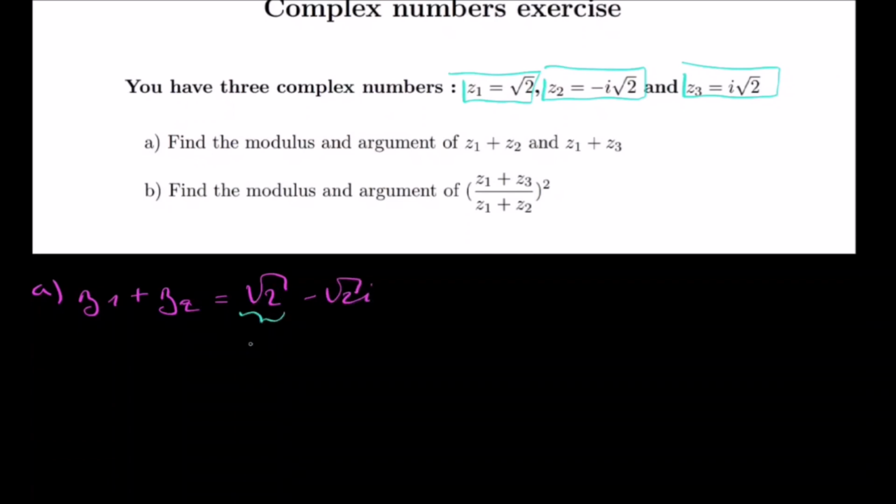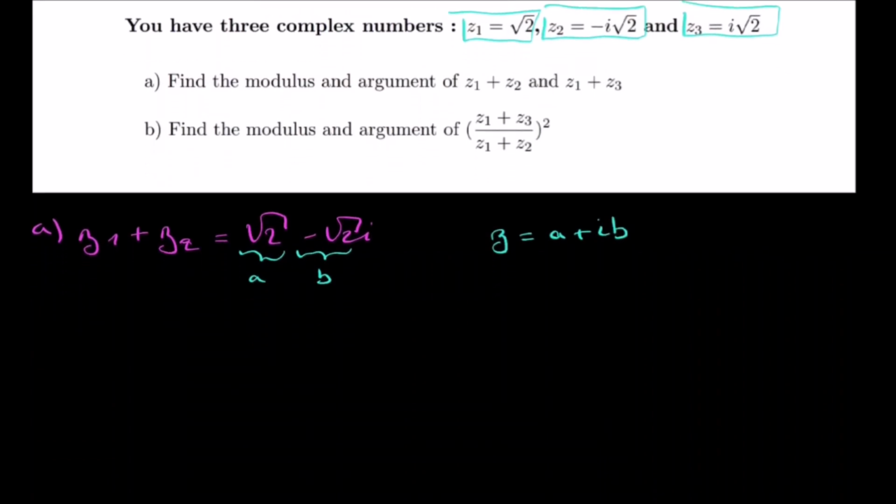Here we have the real part, a, and here b, which is the imaginary part. And we can recognize the algebraic form, z is a plus ib. So, the formula of the modulus is root of a squared plus b squared.